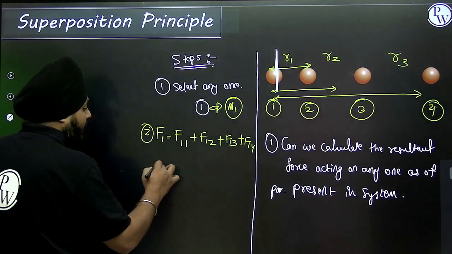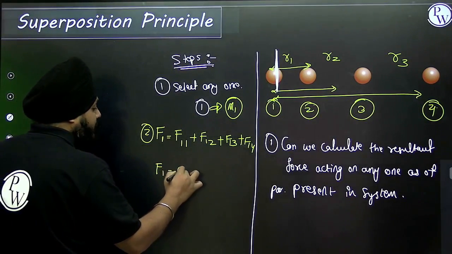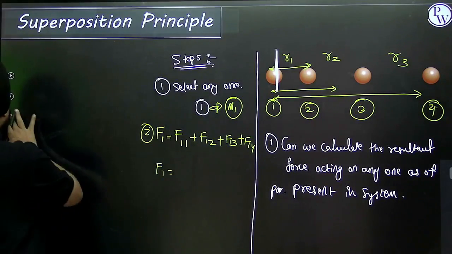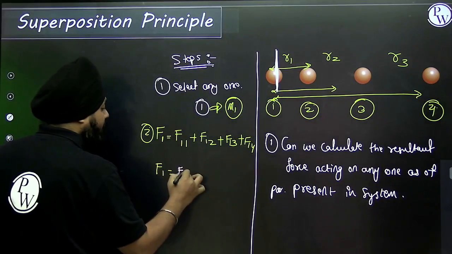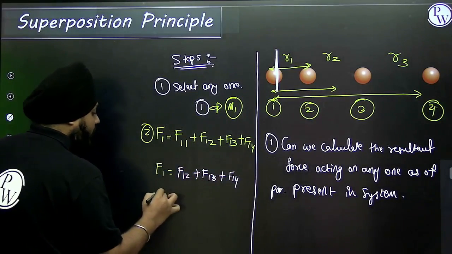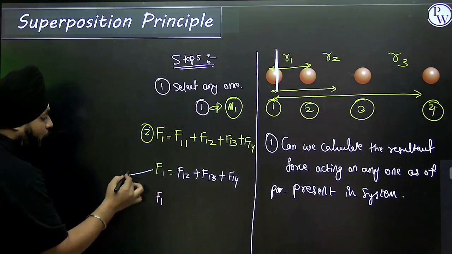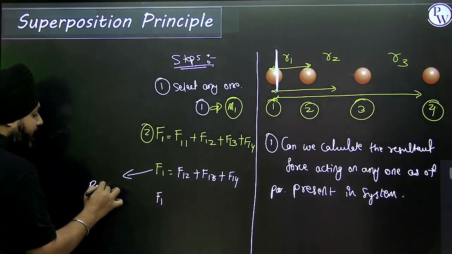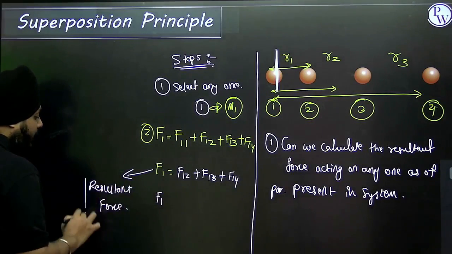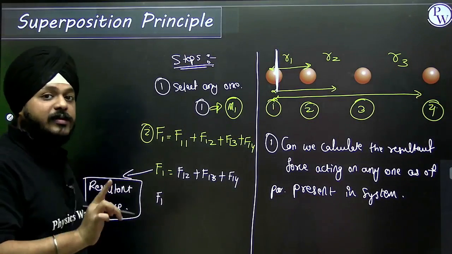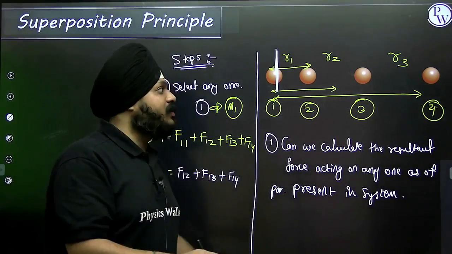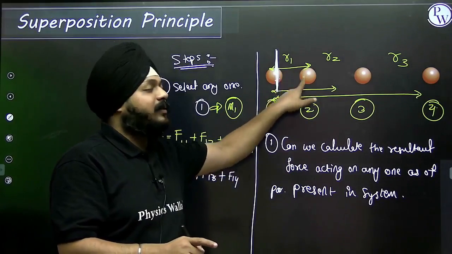Right? Can I replace this into the scalar form? G, see, F1 because of 1 is going to be 0. Finally F1 because of 2, 1 because of 3, 1 because of 4. The final expression is the resultant force, right? There is a difference between the resultant force and the force acting between two particles.